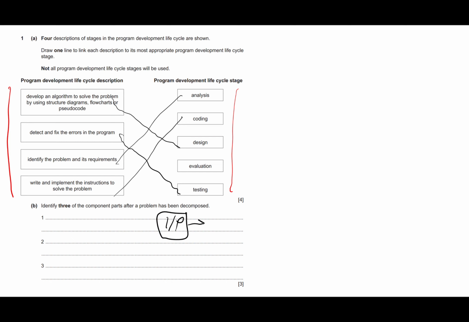inputs which go into our system. Then we will have some sort of processing. Apologies for not so neat handwriting here. We have processing, then from our processing we'll have output.